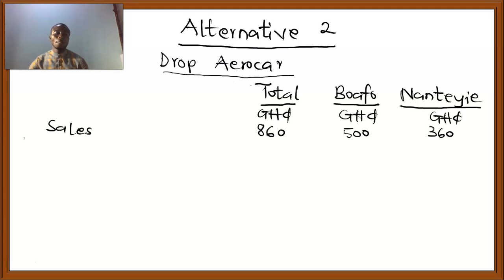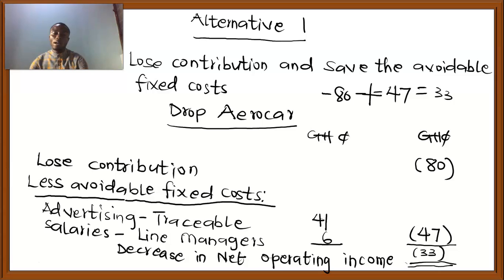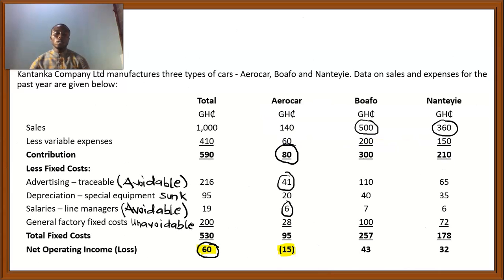Then we less variable cost. Let's go back. The variable cost for Boafo is 200, and that for Nantier is 150.